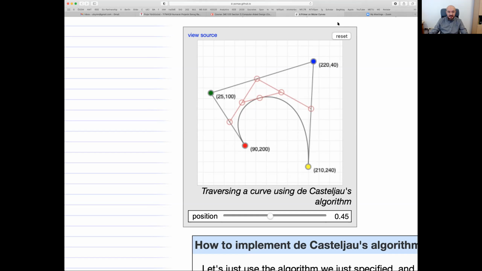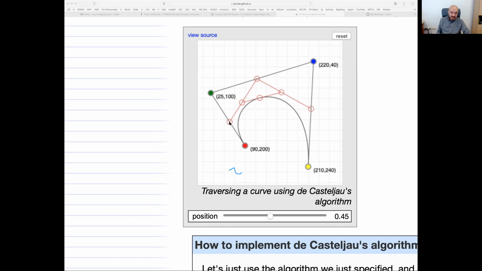Let me annotate it. For instance, at this point, this is the first segment, right? First linear part, second linear part, third one. And for the cubic spline, we first need to find 2 quadratic segments, and then join them to obtain the cubic segment.